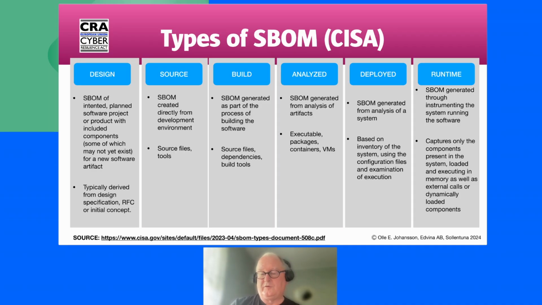We often talk about SBOM as if it was only one single SBOM. I won't go through this in detail, but I just wanted to mention that there are many different SBOMs. In some cases, you need to include your build tools, your compilers, your test tools, your Git repository software, your test software, everything.